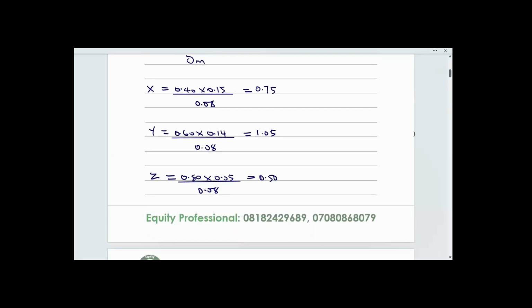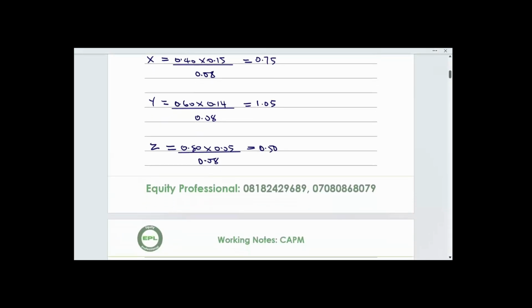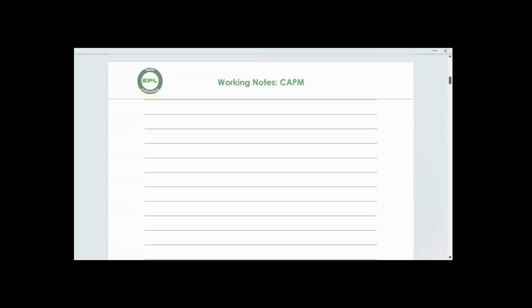Now that we have computed the risk of each individual security, we need to calculate the expected return of each individual security.